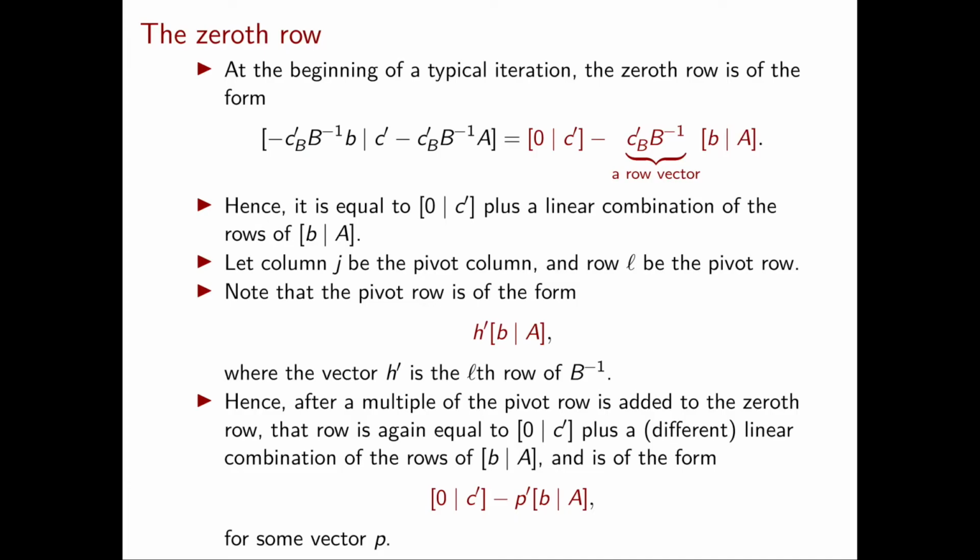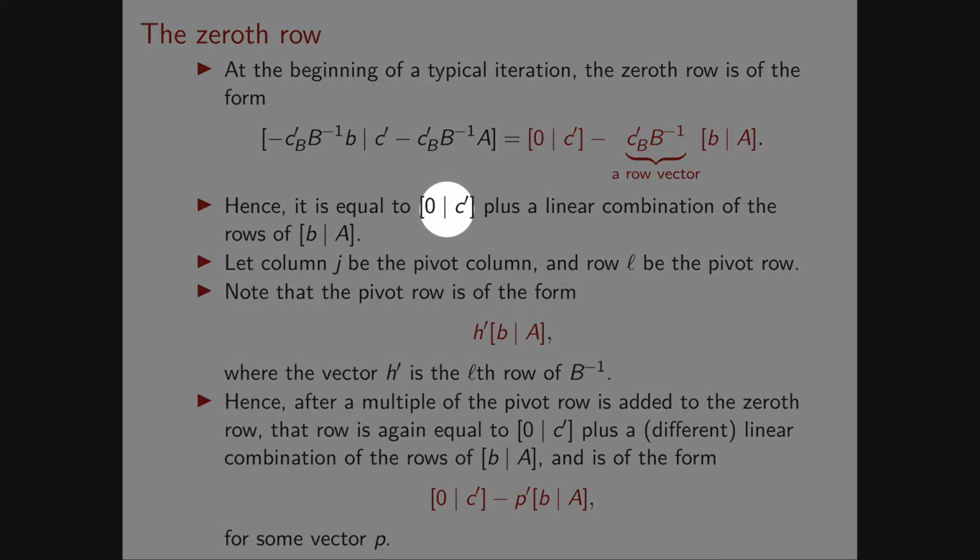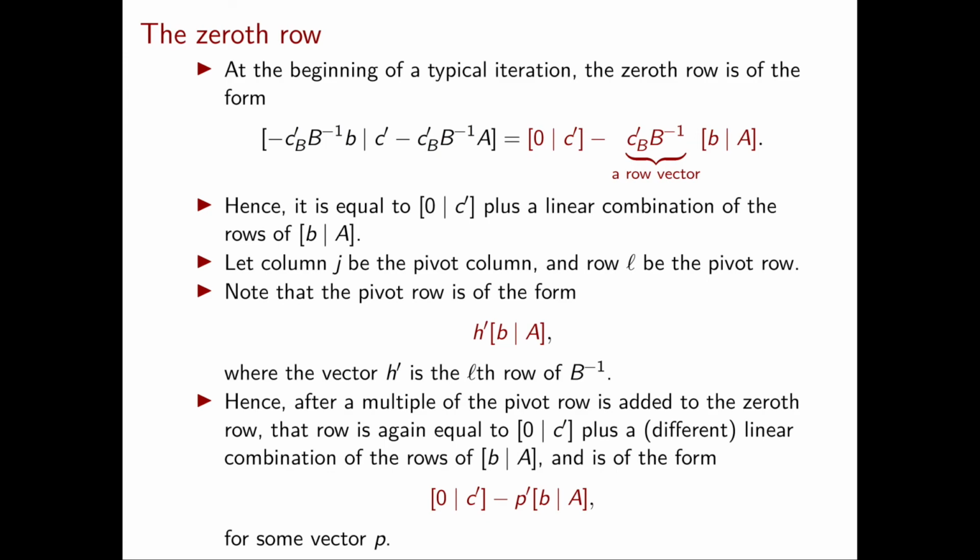Namely, the 0th row will be, again, 0 C transpose plus a linear combination of the rows of BA. The difference is that the linear combination will be different, but the overall structure of the 0th row will be the same. So how can we see that?